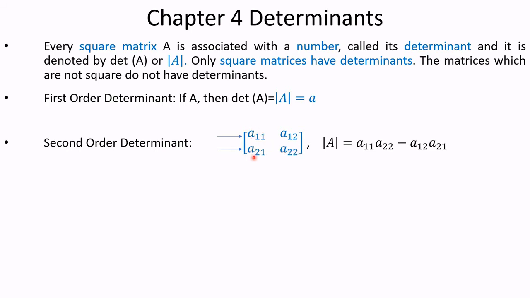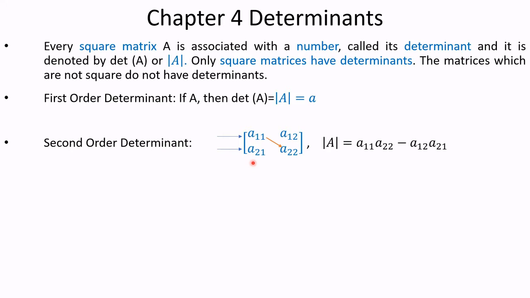This is the first column and this is the second column. Hence, determinant A can also be written as a product, that is A11 into A22 minus A21 into A12.